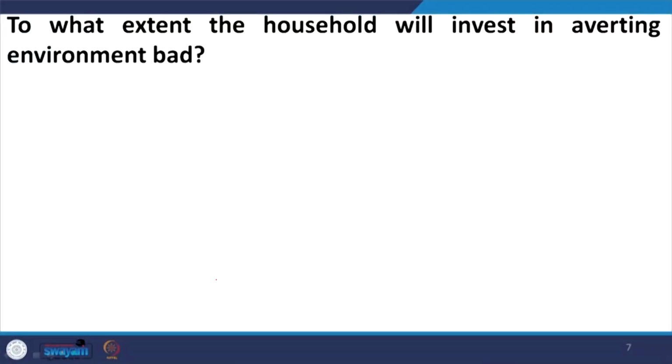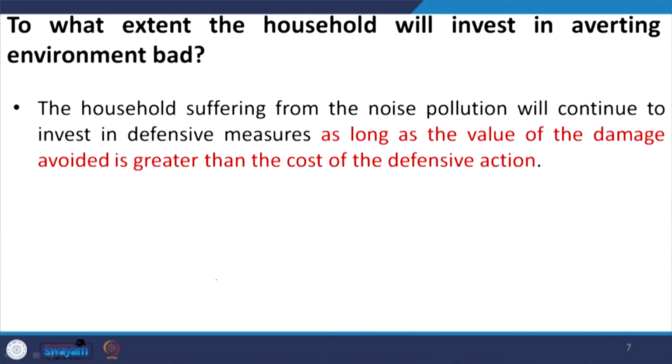So based on this understanding, let us understand to what extent the household will be interested in, or can invest in, averting the environmental bad. Is there any limit or threshold, so that the household will know that up to this extent we can spend in order to avoid this environmental bad? The thumb rule is that the household suffering from this noise pollution will continue to invest in this expenditure up to a point.